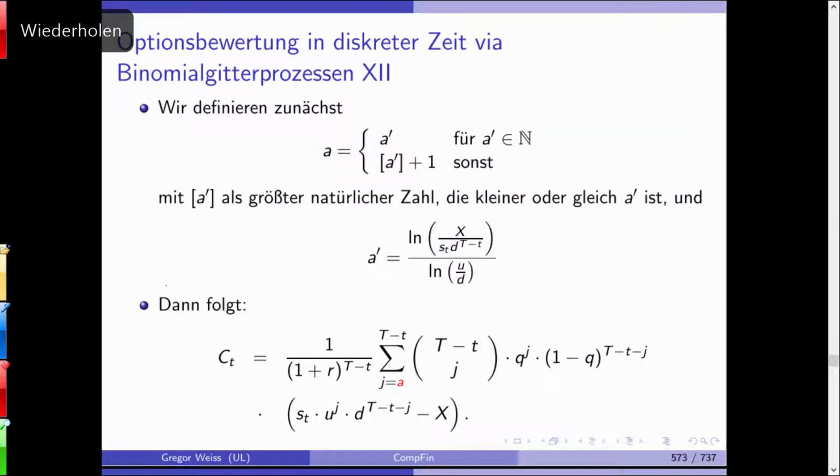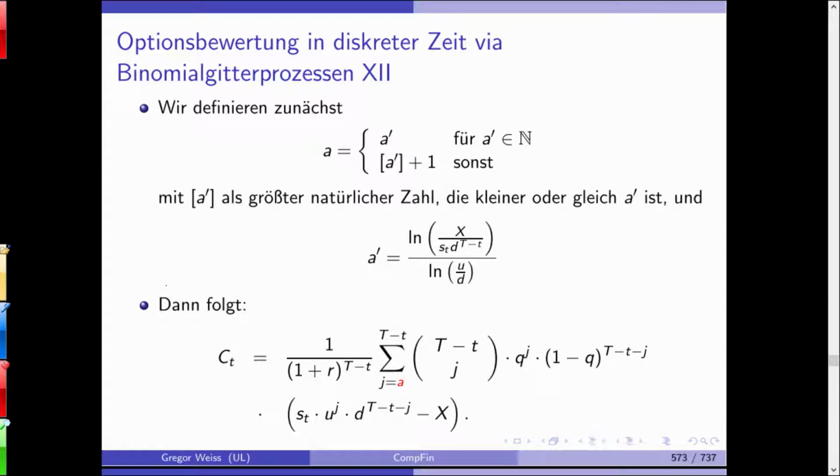Okay. Let's now define A as A dash for a natural number, or A dash plus 1 otherwise, and A dash being the logarithm of x over S_t times d taken to the T minus t power, over the logarithm of u over d.